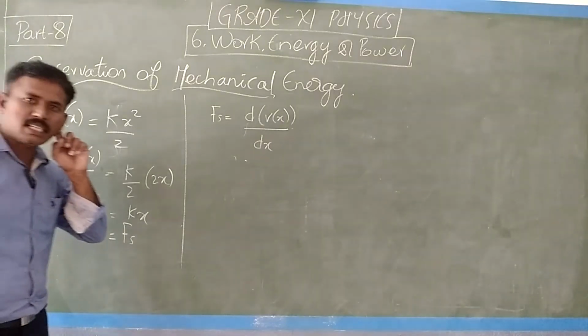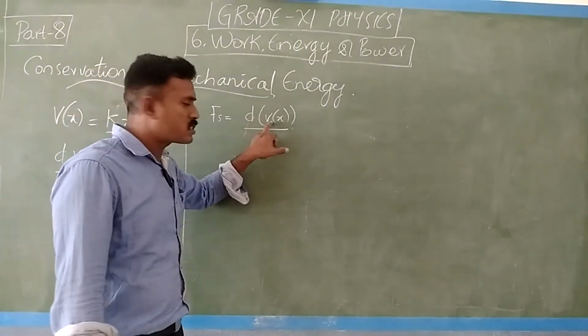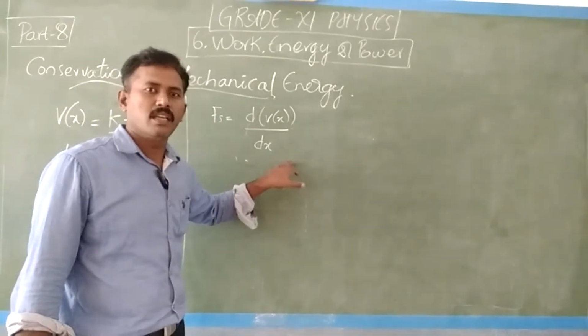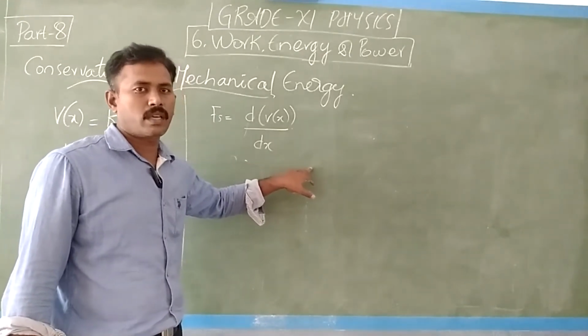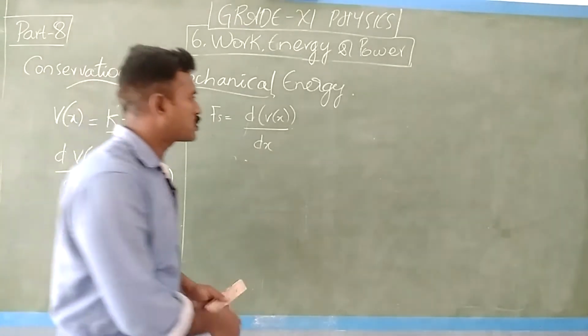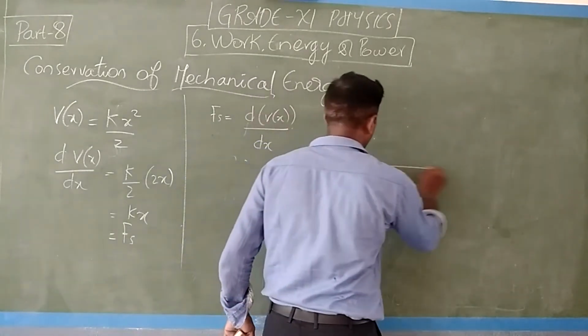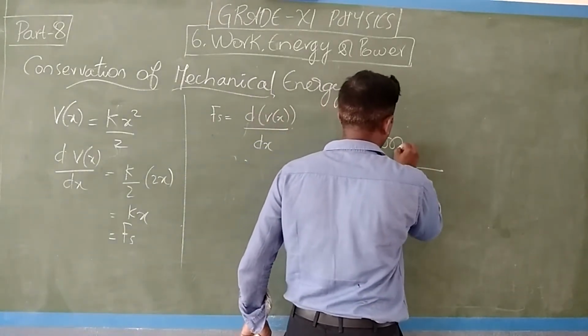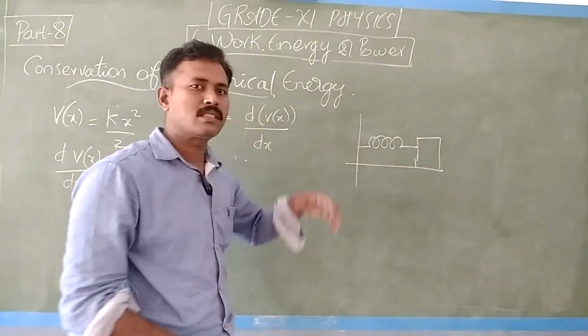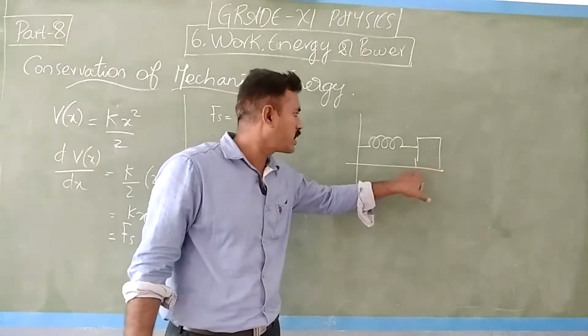So there is a change in the potential at each and every point. Over displacement, the potential changes, so the force also changes when you take this spring. When I expand this mass, what happens at each and every point?